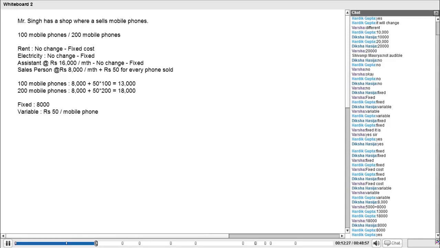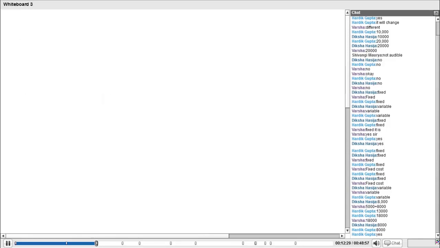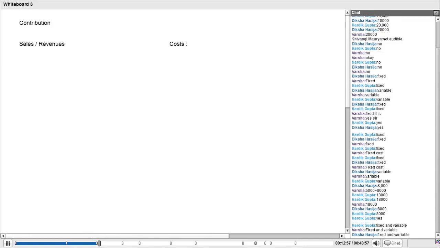Okay. Now let's move on to another concept, and here we will talk about contribution. So far we have understood that an organization does sales or revenues, and against that they have costs. The two kinds of costs are fixed and variable.